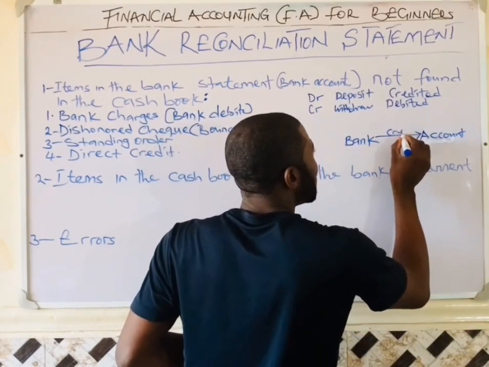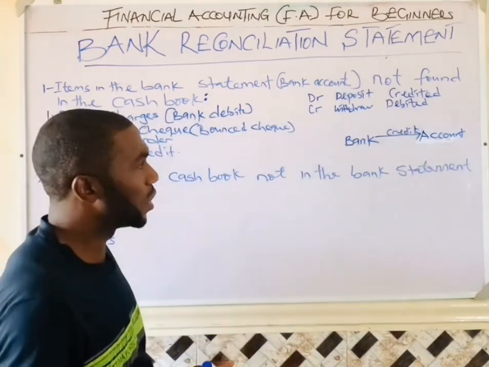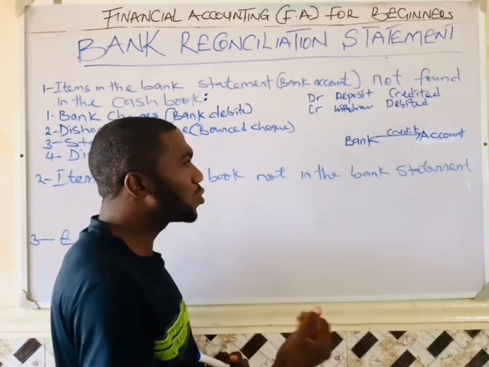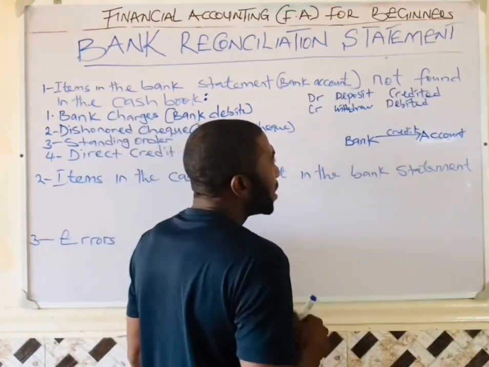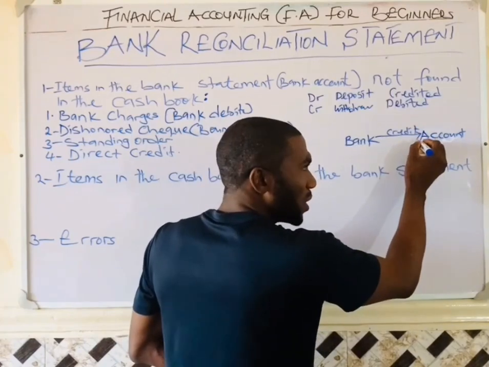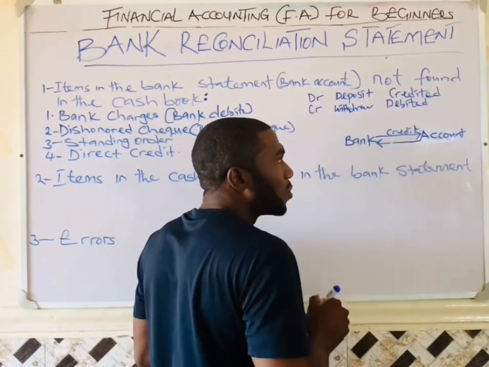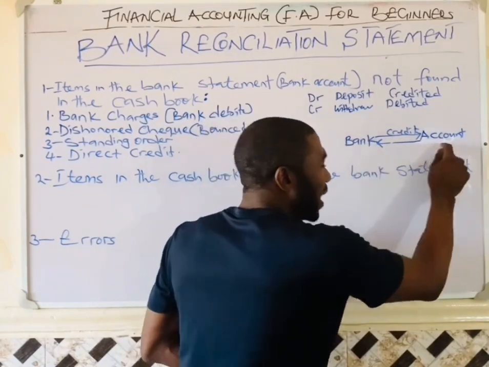They will credit your account. This language is for them, not you. They will credit your account. So whenever you want to take your cash, you talk to them. They will debit. I hope you are getting it. They will receive the cash first before going to you. So the transaction is between the bank and the account.